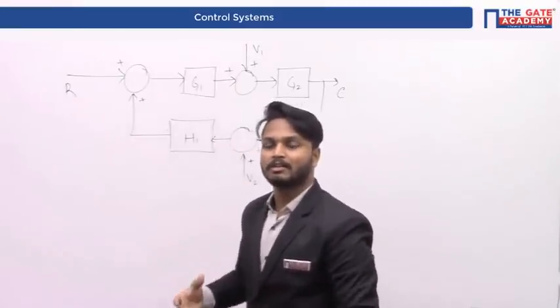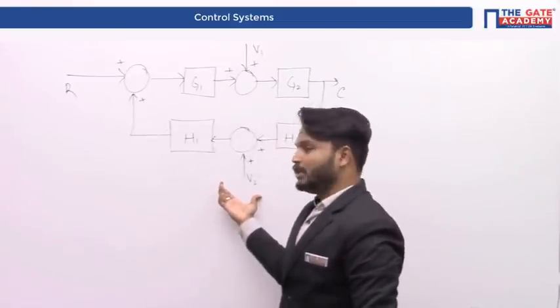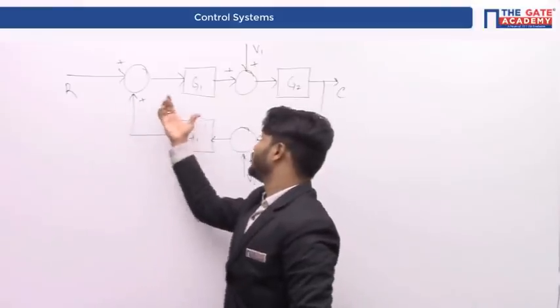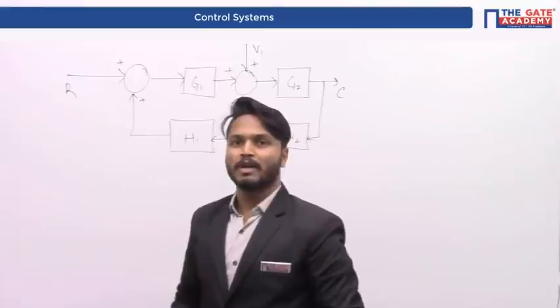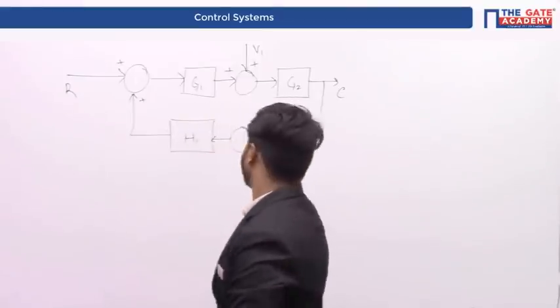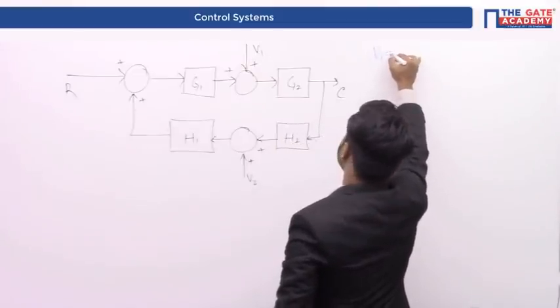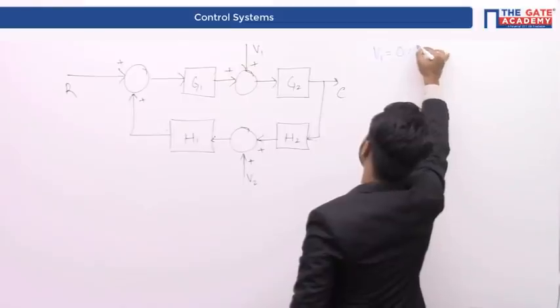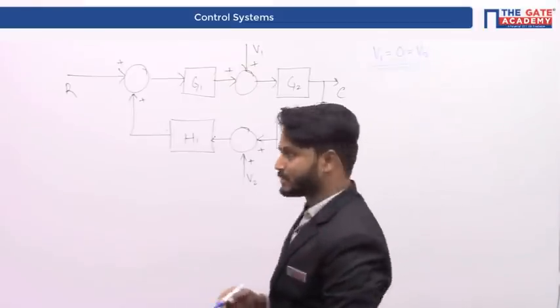Then you have to calculate the output of the system when V2 is present and R and V1 are absent. So let us take the case when R is present and V1 and V2 are absent. So let us make V1 equal to 0, that is equal to V2, and only R is present.